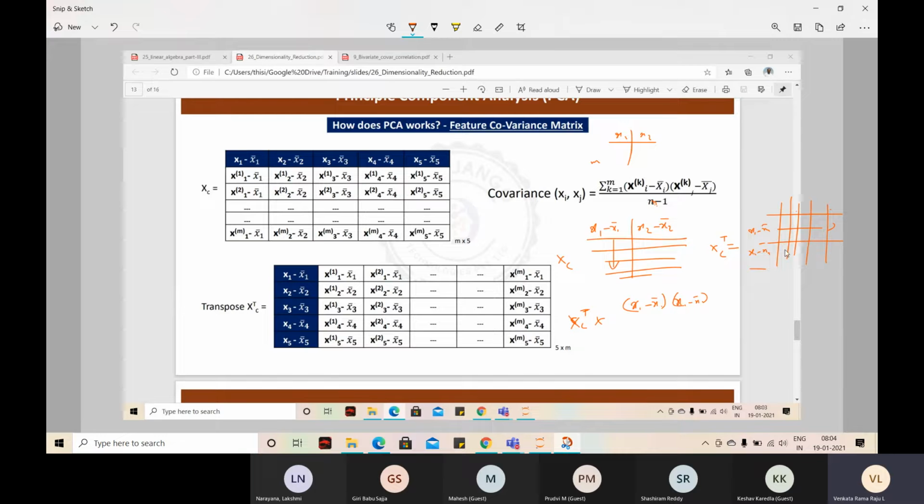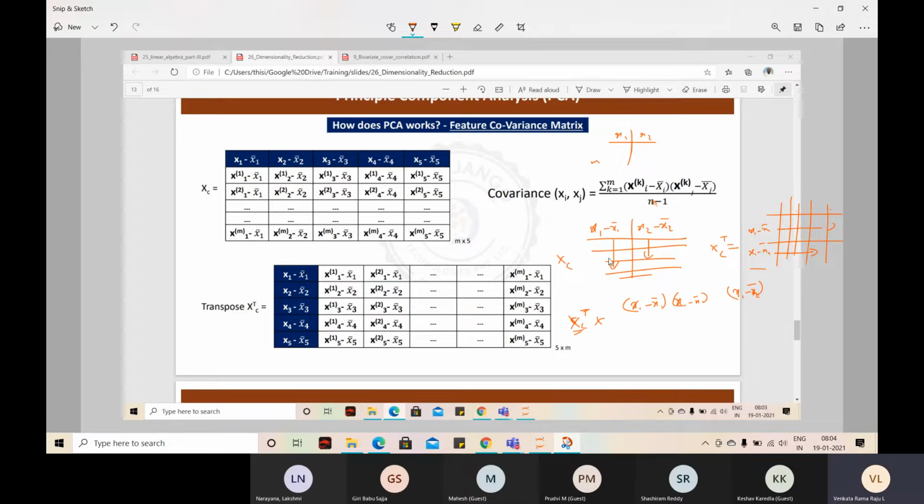And then this row, XC transpose X, so I am going in this direction, this row multiplies this column. X1 minus X1 bar, sorry, X1 minus X2 bar.